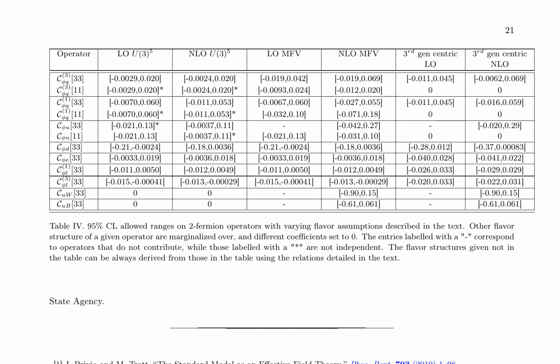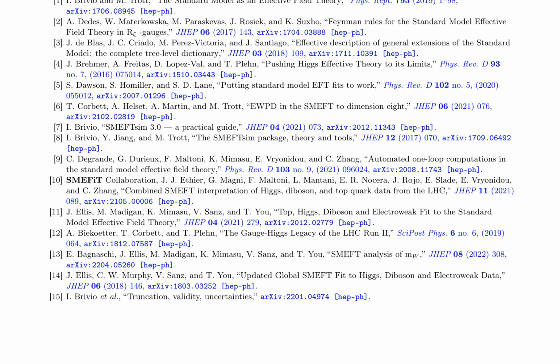Class A includes operators not subject to electroweak precision data constraints, and Class B includes operators constrained by both Higgs and electroweak data. Class A operators exhibit significant improvement in precision, while Class B operators show less improvement due to weaker constraints from electroweak data.